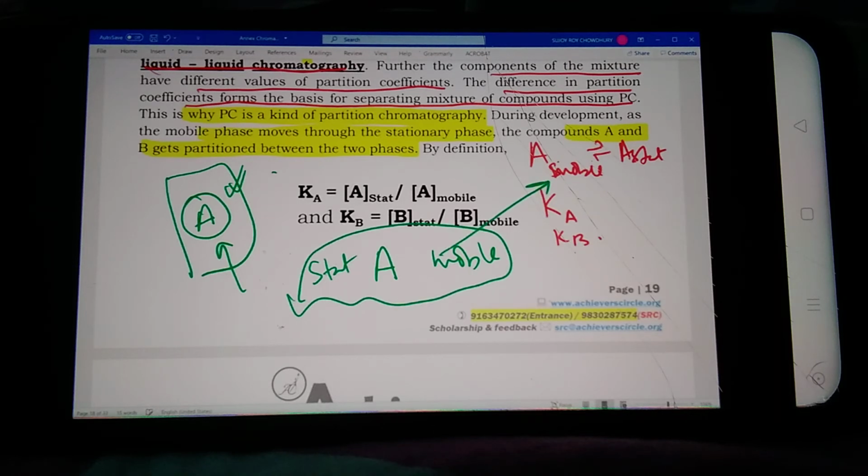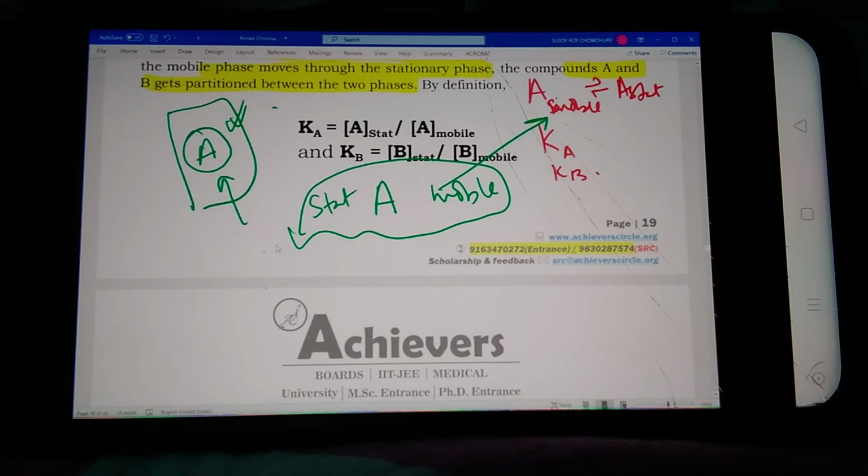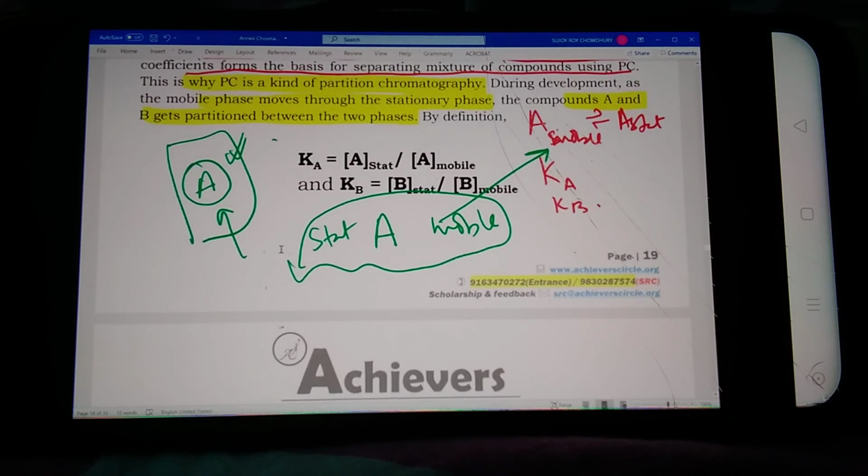Some part of A is in the mobile phase, some part of A in the stationary phase, so A is partitioned between them. The interaction of A with the stationary and mobile phases combined is different from the interaction of B with them combined, so they get separated because of differential interaction leading to differential migration.